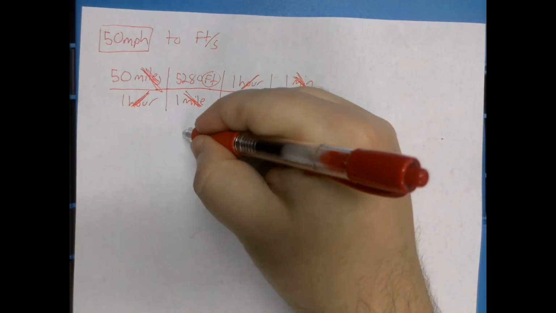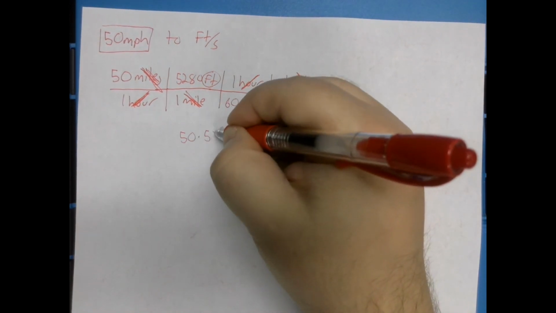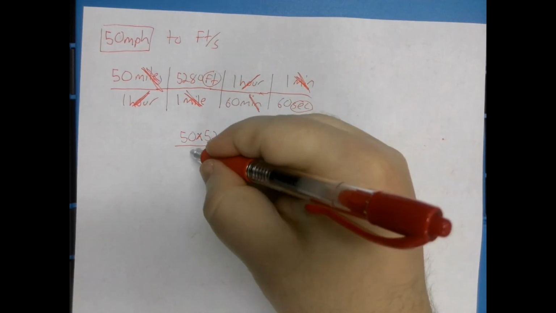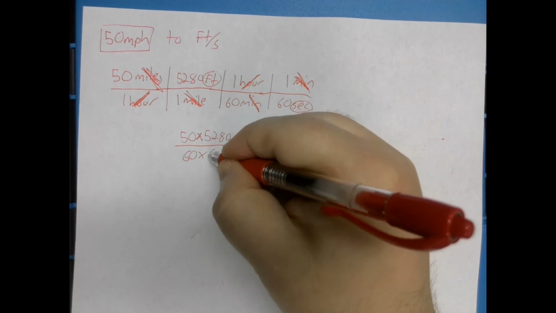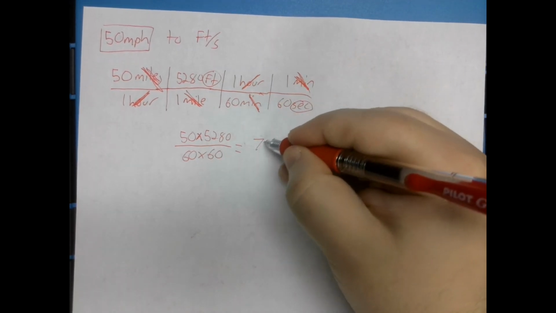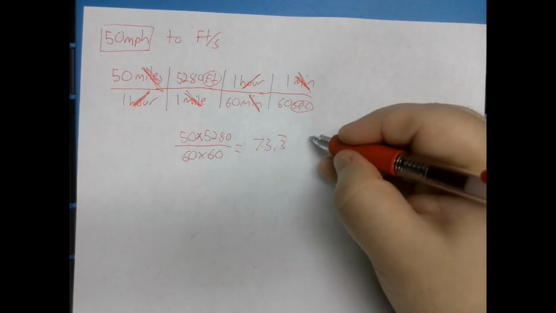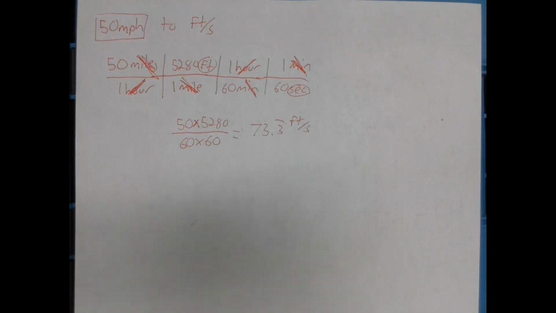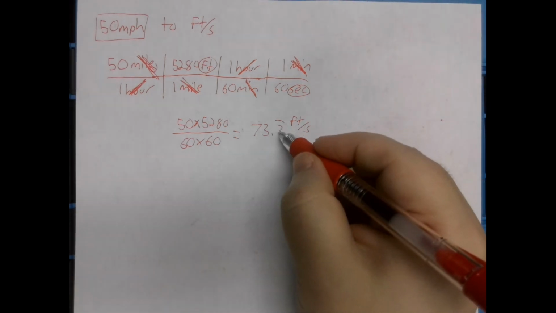So this would be 50 times 5,280 divided by 60 times 60. And that's 73.3 repeating feet per second.